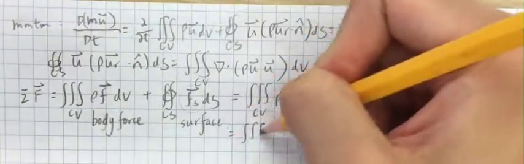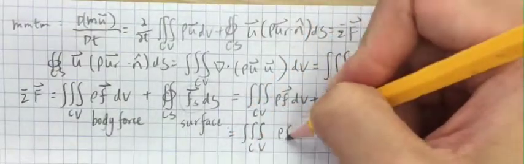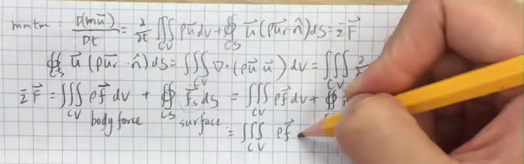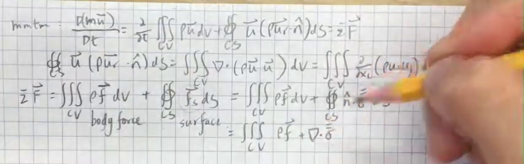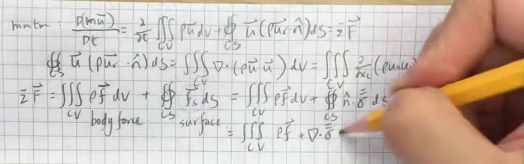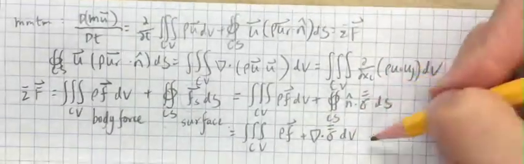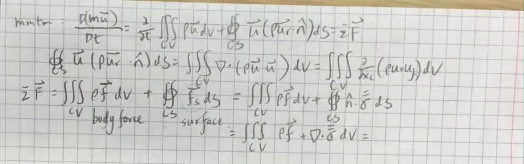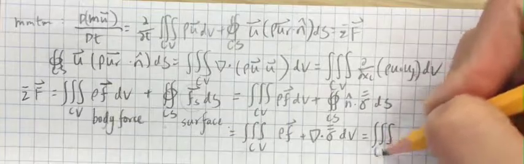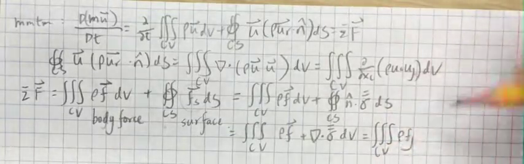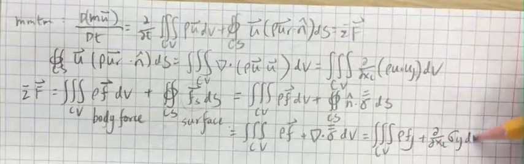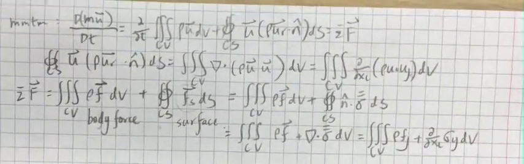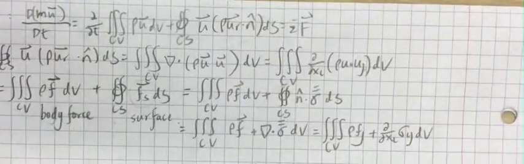So this will give us the integral over CV of rho f, and here we have the divergence of sigma dV. So if written in the index notation, we can write it as the integral over CV of rho f_j plus d/dx_i sigma_ij dV. This is the final result. You are welcome to check that this is indeed the result we will get.